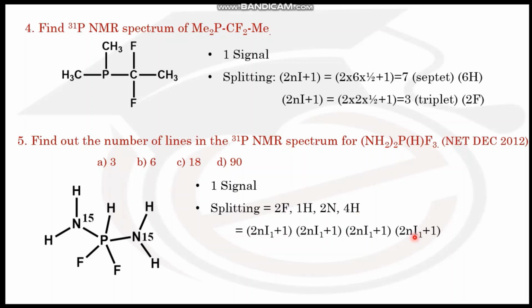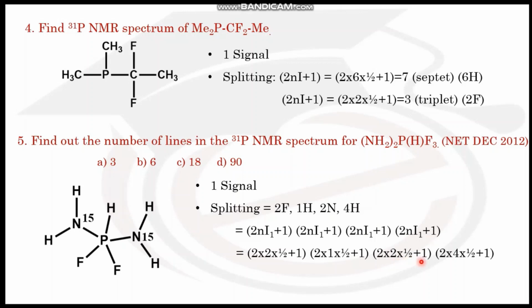It is 2nI plus 1, and 4 times we have to do that and multiply. First we consider fluorine. 2 fluorines are there, 2 into 2 into 1/2 plus 1, and next is due to hydrogen, 2 into 1 into 1/2 plus 1, and this is due to this hydrogen. Next is 2 nitrogens, 2 into 2 into 1/2 plus 1, and here you may have a doubt.